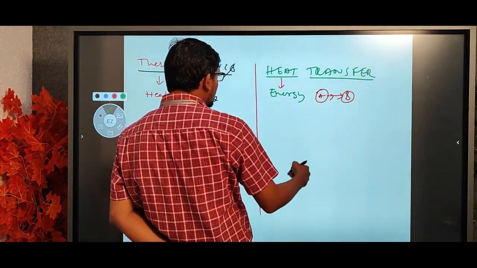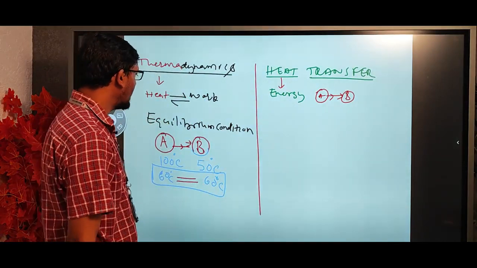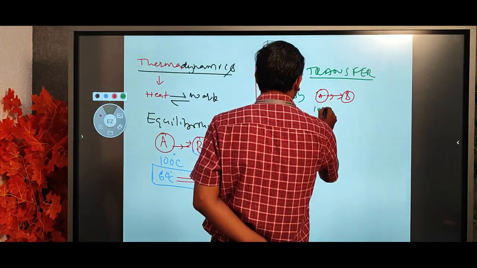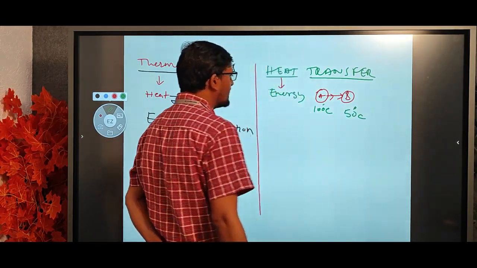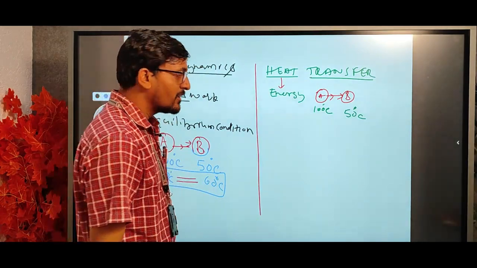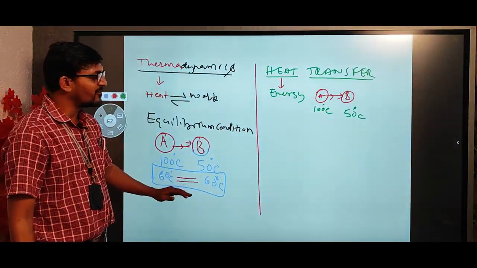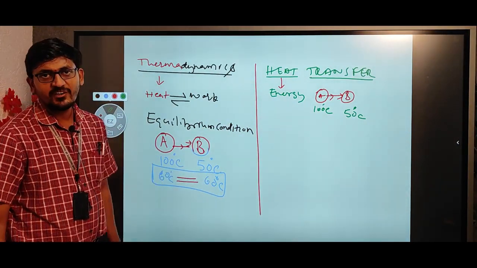So consider the same example which we already discussed in thermodynamics. Body A is maintained at a temperature of 100 degrees Celsius and body B is maintained at a temperature of 50 degrees Celsius. In thermodynamics we are restricted only to thermal equilibrium. We will know the temperature after a certain time, both bodies will have the same temperature.